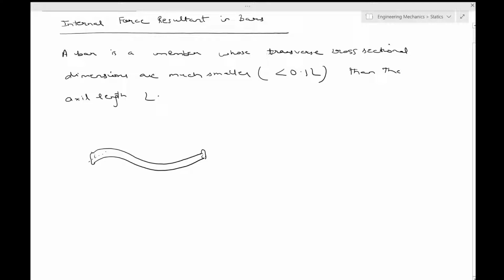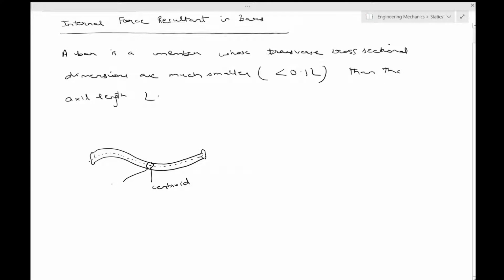And then let me draw this. This is the centroid of the cross section.